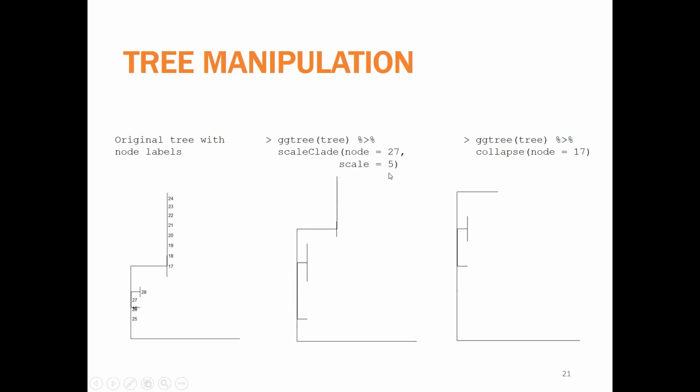If we wanted to shrink a clade down, we would use less than 1, like 0.5 or 0.1, if you wanted to highlight a particular part of the tree. There's also collapse, so we can collapse at a specific node. For example, this long branch, if it's redundant information or we just wanted to collapse it, you can collapse it and then it expands the rest of the tree.